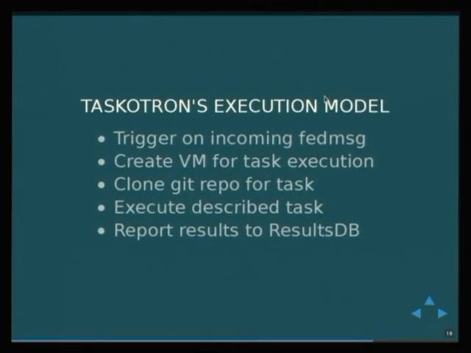But similarly, going into an execution model, it's triggered on Fed messages. So basically anything that can create a Fed message in the Fedora infrastructure, be that Koji builds, be it Bodhi updates in different parts of that process, or compose completion triggers, or even other tasks, that can start off something in Taskotron.